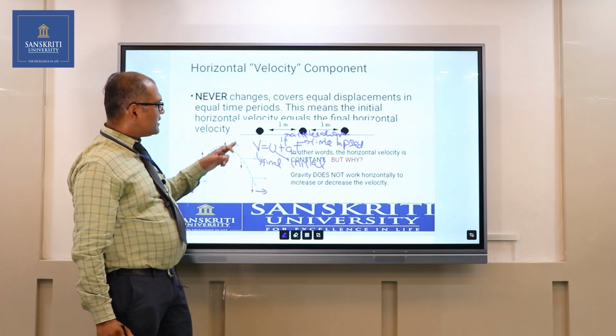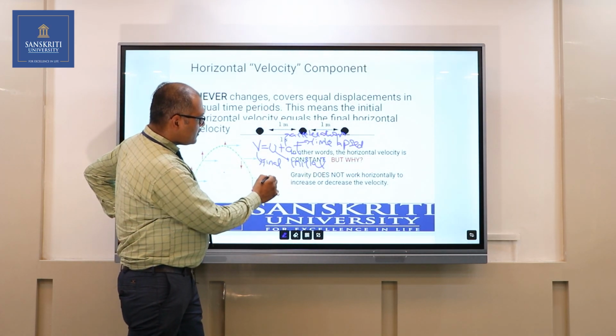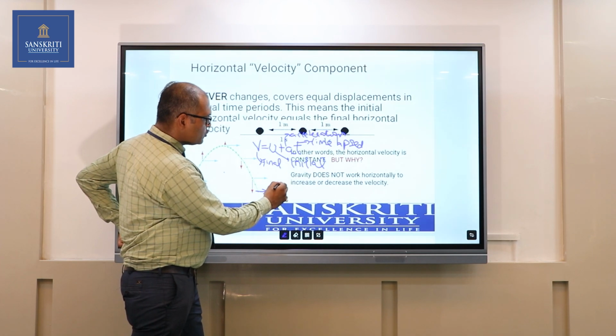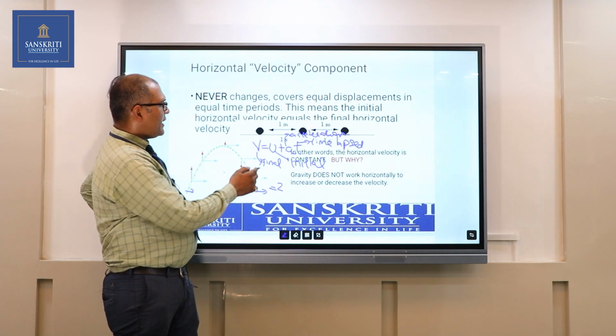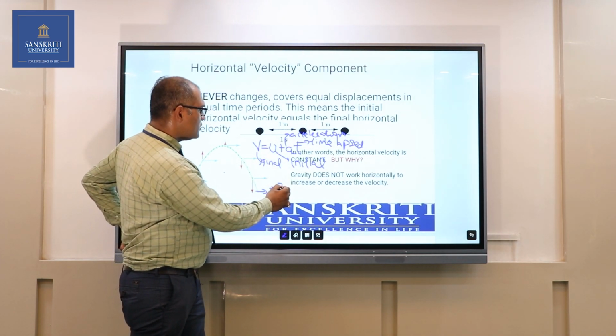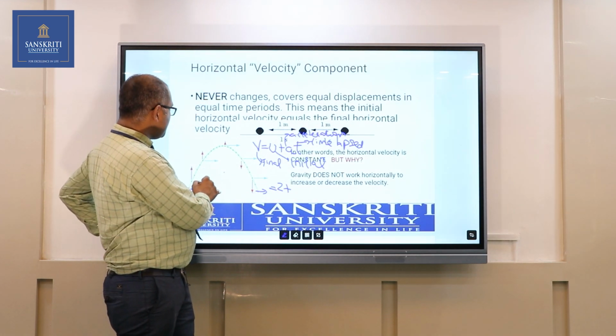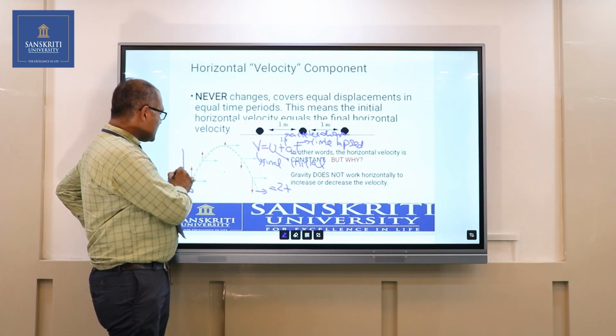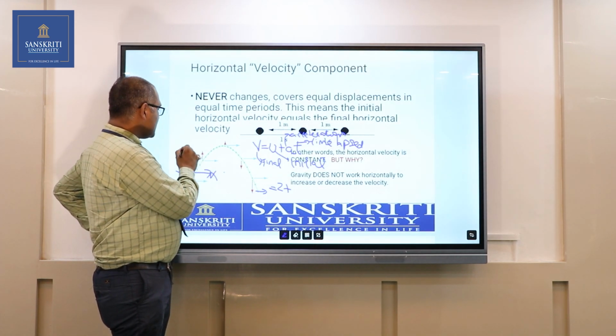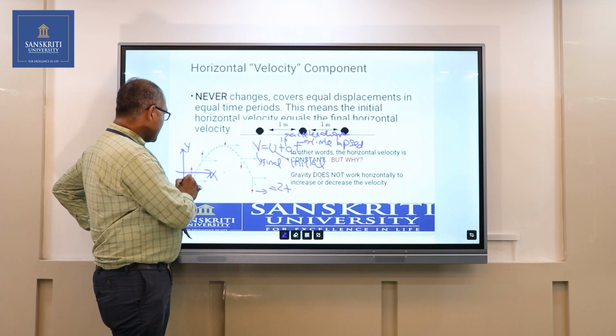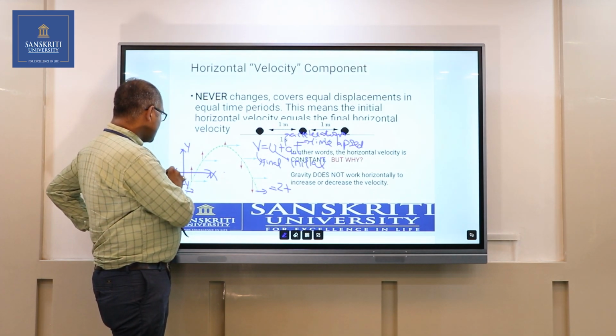Now in the vertical direction, what was U? U is 2 meters per second. And what was the acceleration? We have taken the origin like this. This is plus x and this is plus y and this is minus y and this is minus x.